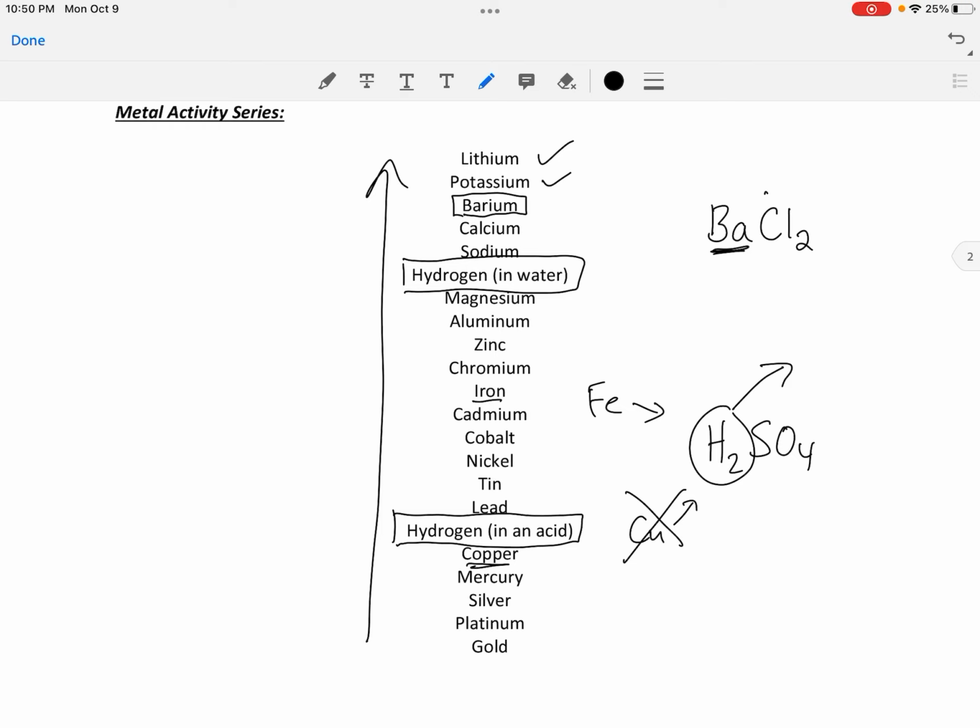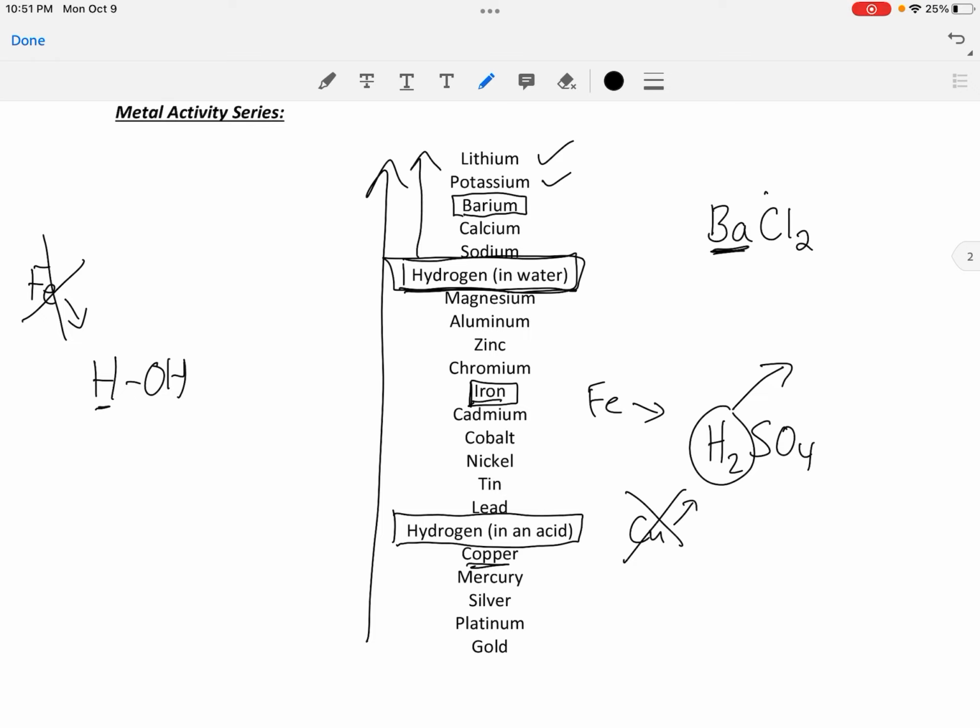But if we have a hydrogen in water, so an HOH, that's water, and iron comes along to the water, well, that's not going to have any success in bumping that hydrogen out because notice how iron is lower than hydrogen in water. The only way you're going to be able to bump out that hydrogen in the water is using any one of these ones that's above hydrogen in water.